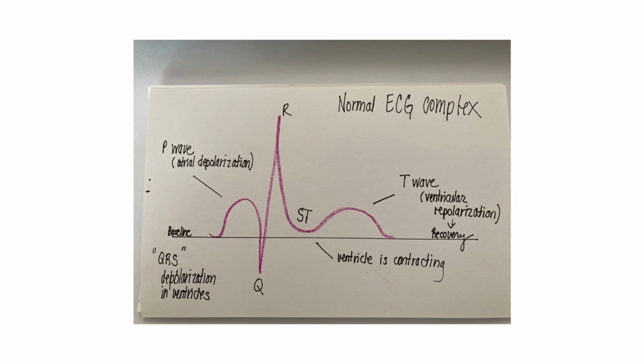The ST segment is there, and we see a couple of different things in that on the next slides. Then the T wave is another rounded upward wave, and that represents ventricular repolarization, where the ventricles are recovering and starting to fill. So all of that is normal.